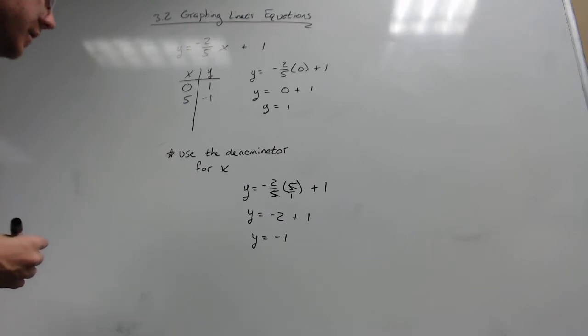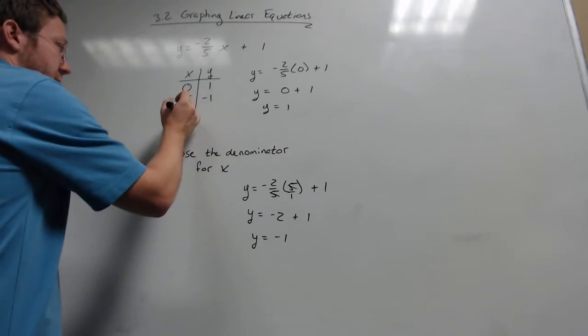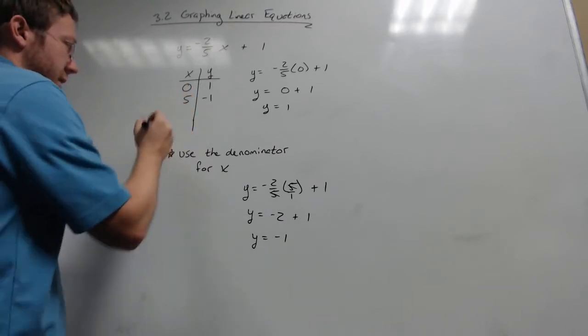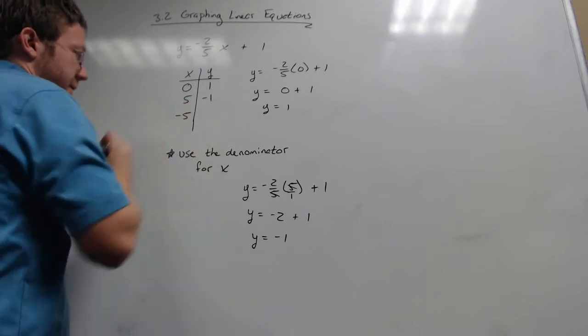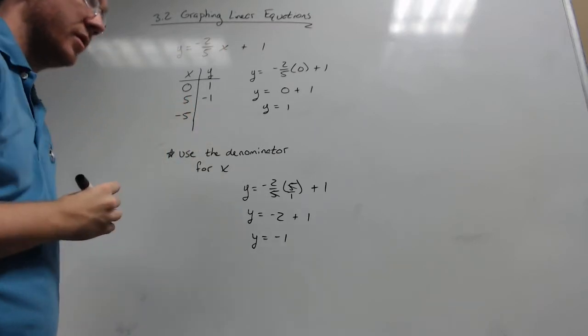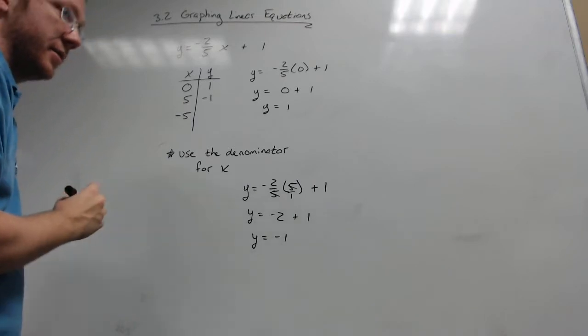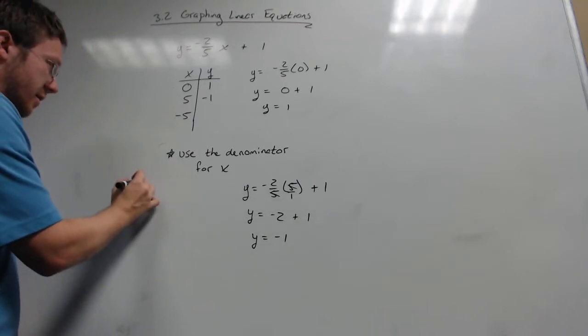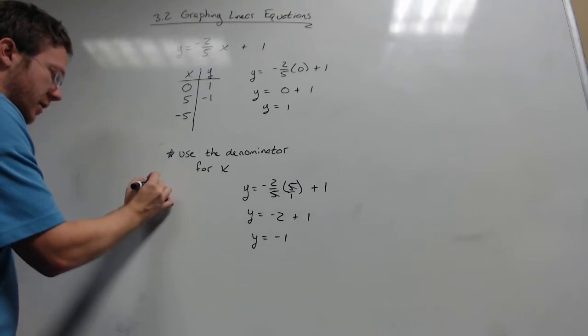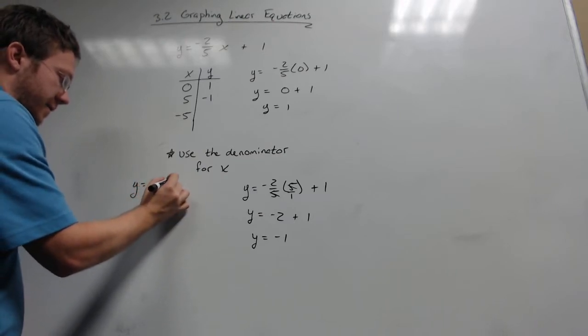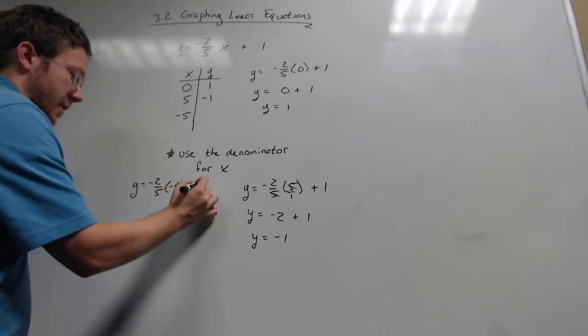And you could even do this one more way. If you wanted to pick another denominator that would work out nicely, let's use negative 5. If we use negative 5 here, y equals negative 2/5 times negative 5 plus 1.